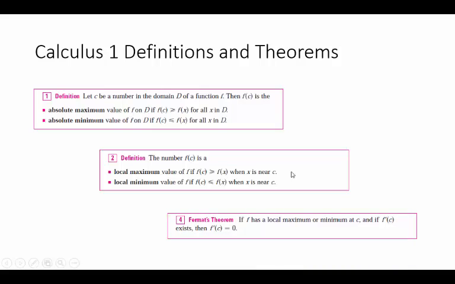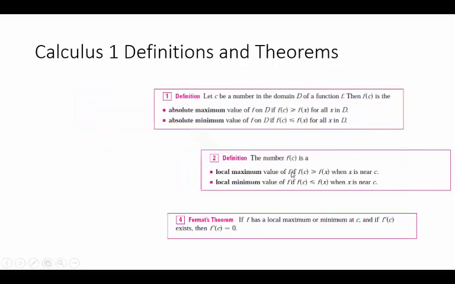And then we have Fermat's theorem. It says if f has a local maximum at C, and the derivative exists, then the derivative has to be equal to 0. So that's kind of like our critical points. Now, this does not imply that if your derivative is equal to 0, then you have a local max or min.